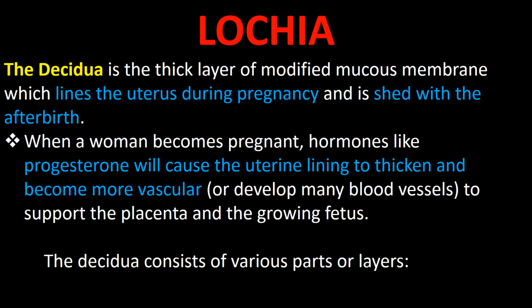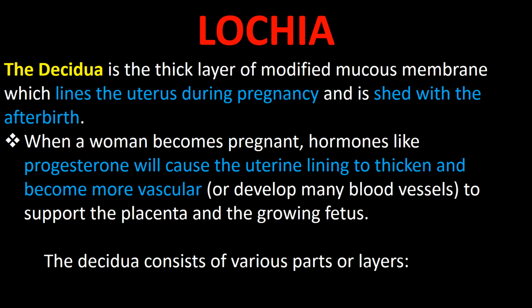Always remember that when the uterus becomes pregnant, the lining is already called decidua. So that lining, uterine lining, is more vascular in nature, meaning there are more blood vessels that are found there in the decidua so that the placenta can properly implant itself in the uterus.